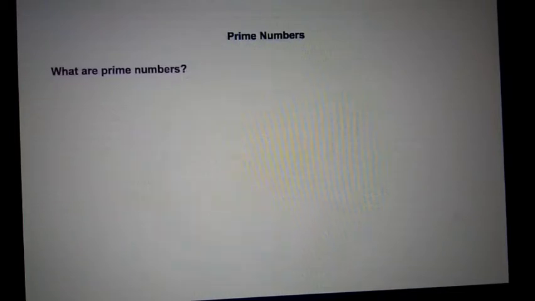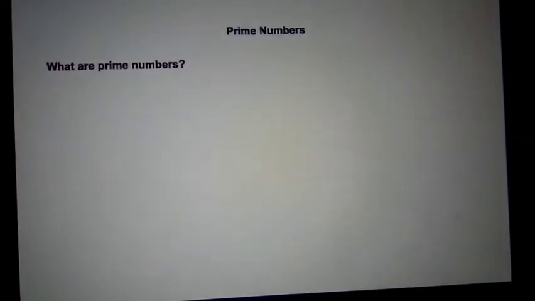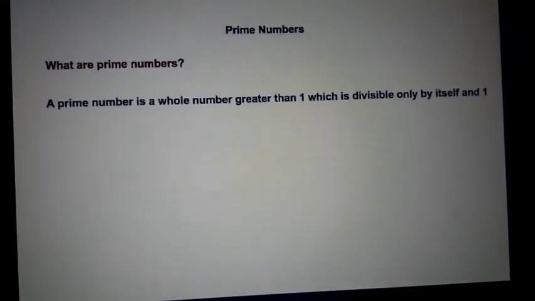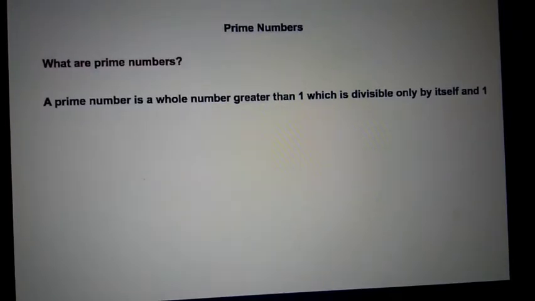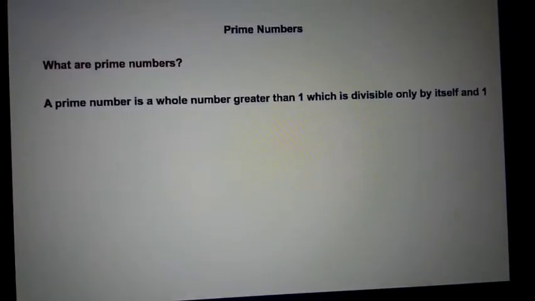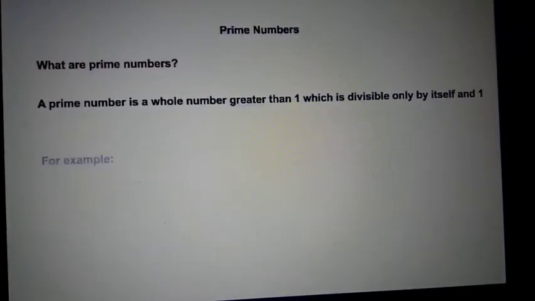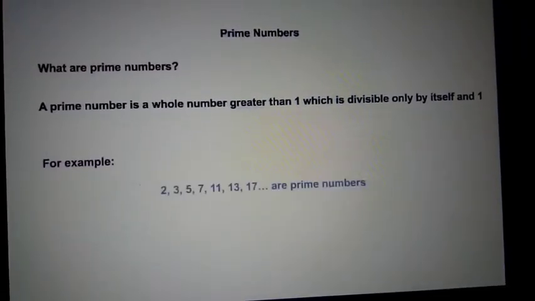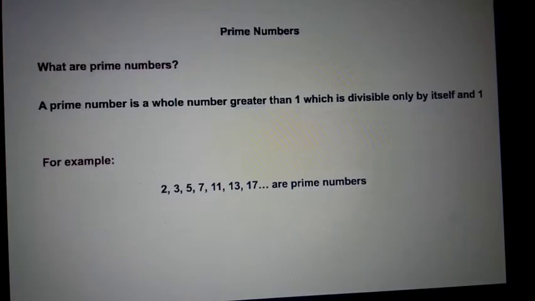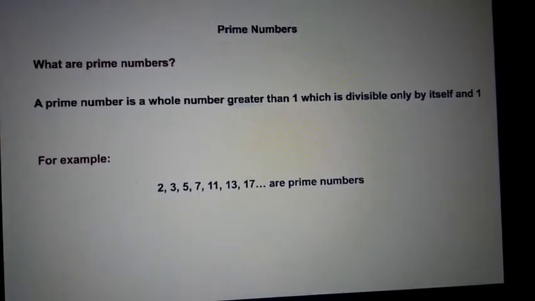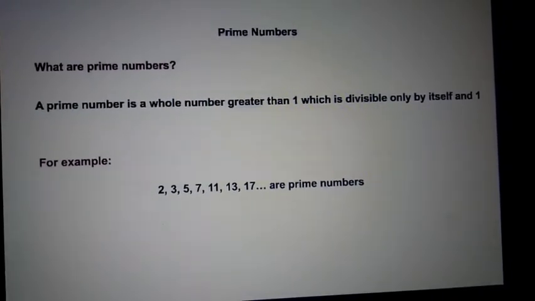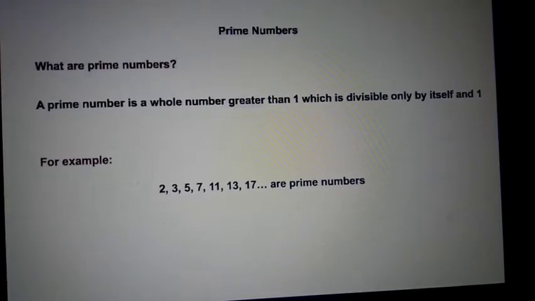What are prime numbers? Let us learn about them. A prime number is a whole number greater than 1, which is divisible only by itself and 1. For example, 2, 3, 5, 7, 11, 13, 17, and so on are prime numbers.